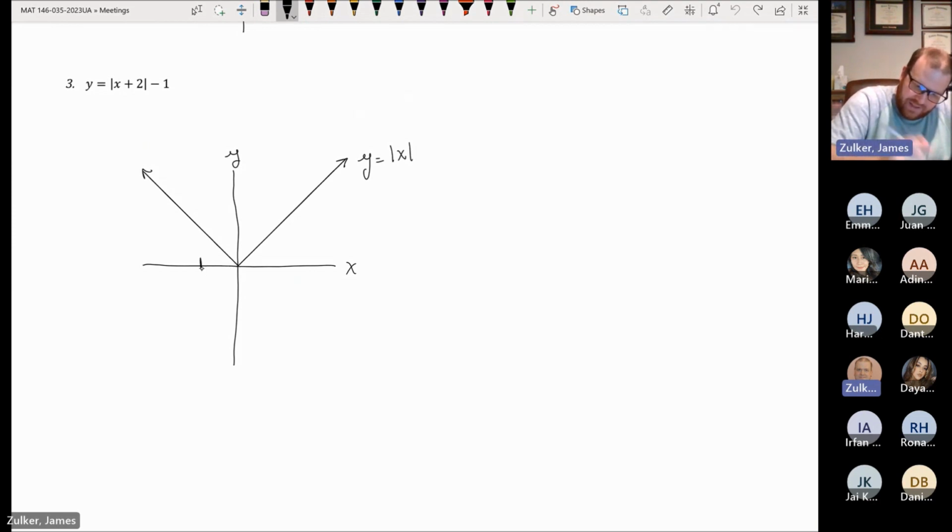Let's say that is 2, and I don't know, say that's 1 there. And where they cross is my point. All right, so that's where the new vertex is going to be.